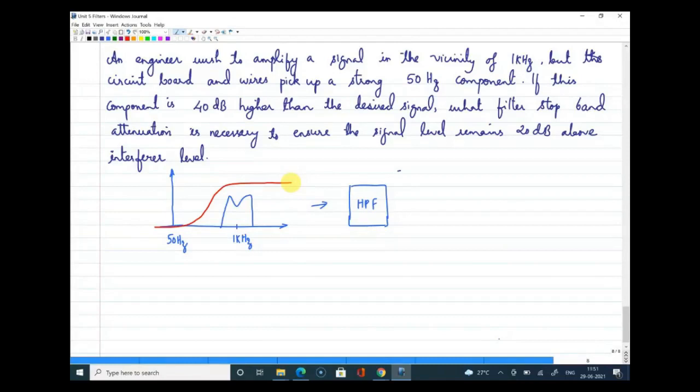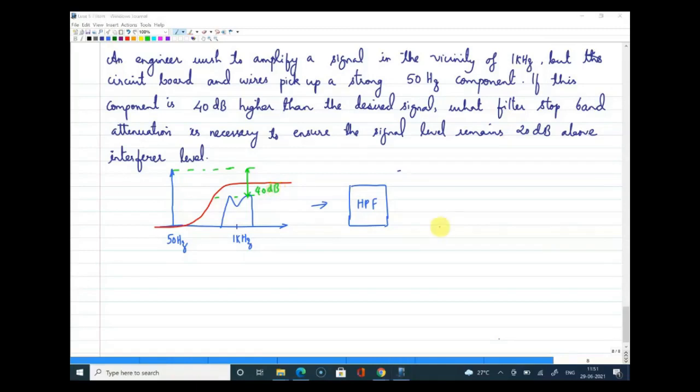So now the given condition is this. This component is around 40 dB higher than the desired signal. At the output, the signal level should remain 20 dB above the interferer level. That is what we are expecting at the output.